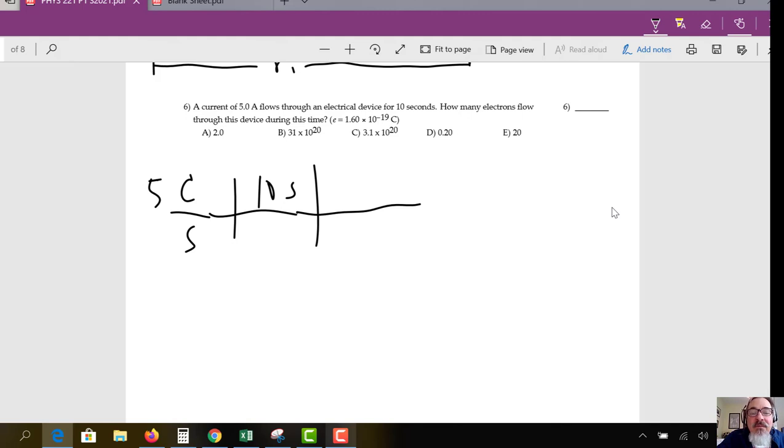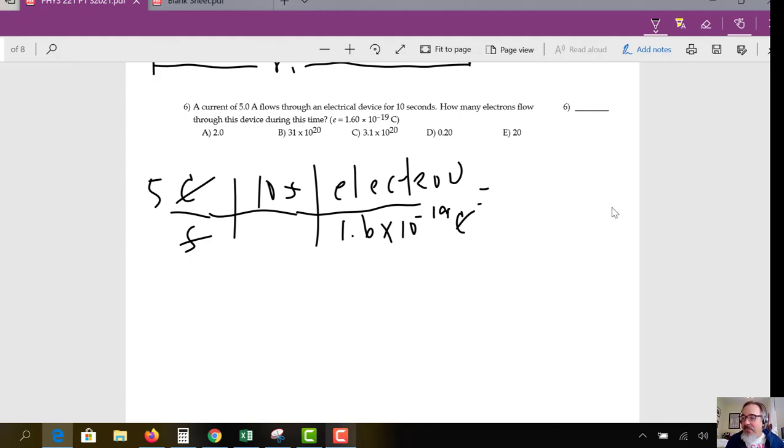And then I know 1.6 to the minus 19th coulombs. That's the magnitude of charge that one electron has. So I can figure out how many electrons I have. So the seconds cancel out, the coulombs cancel out, and I'm just left with electrons.